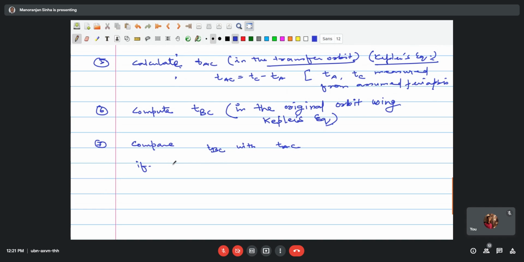If TBC not equal to TAC, go to 1. Otherwise, terminate. So this is an iterative job. And we do one problem for this, so the whole thing will become apparent how it works.